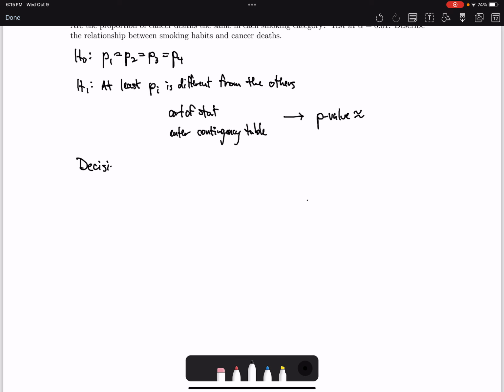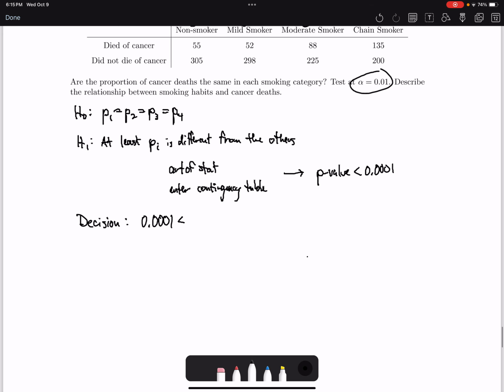Decision. I forgot to say our p-value is less than 0.0001. We would say 0.0001 is less than our level of significance, 0.01. So we reject H null.